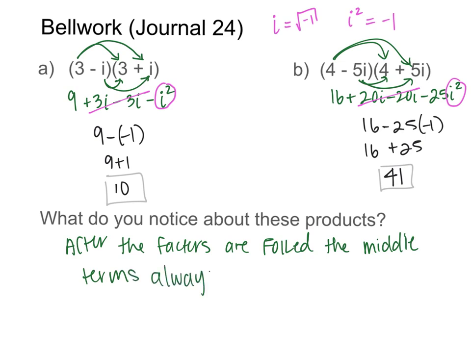So it looks like the middle terms always seem to cancel out when they're opposite in signs, right? Because they are opposite in signs but the same factors, the middle terms cancel out. And this is actually a technique we use a lot in mathematics. So let's give that a name.